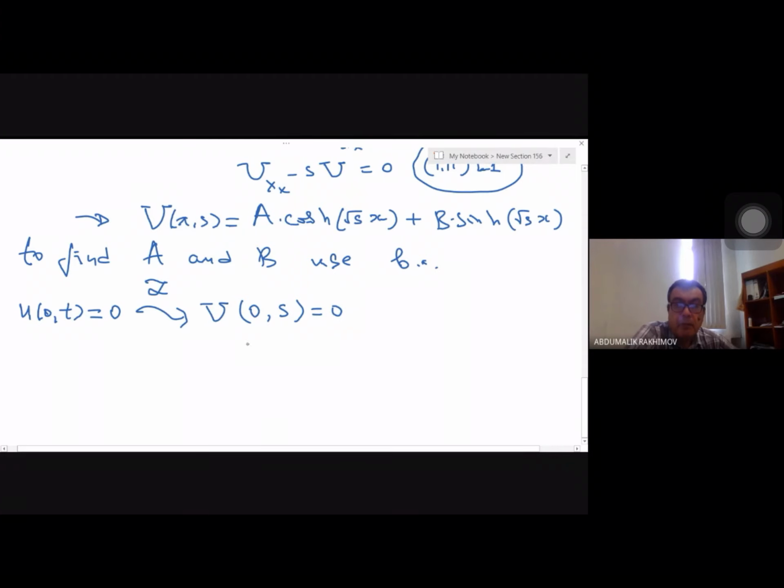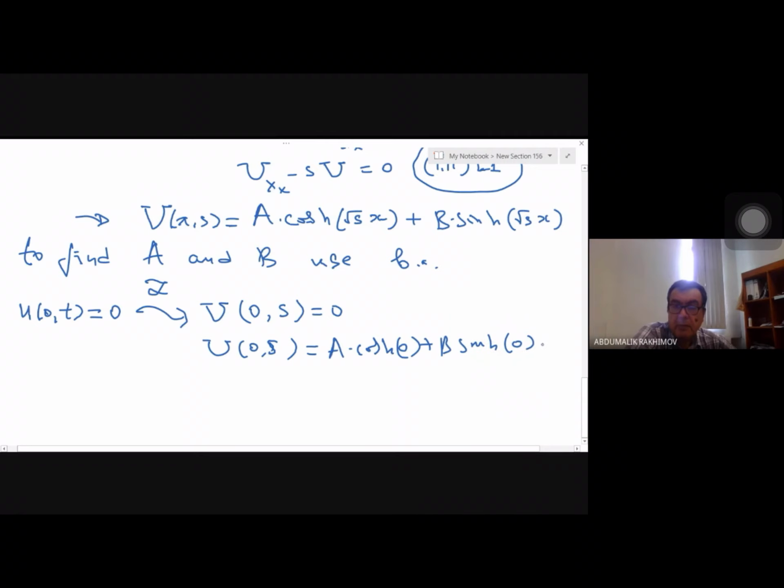If you substitute x equals 0 here, what will happen? U(0,s) equals a times cosine hyperbolic 0 plus b times sine hyperbolic 0.